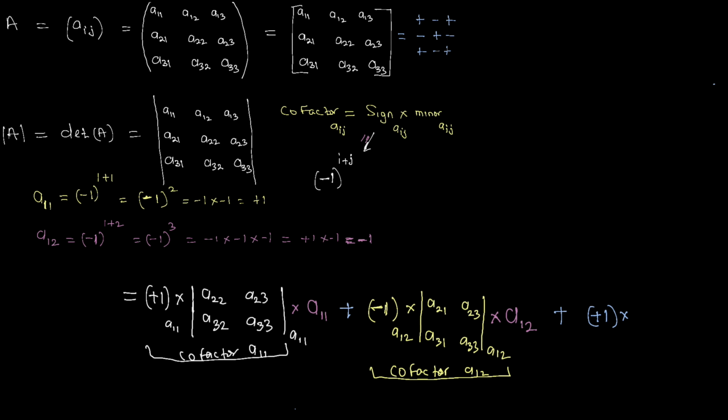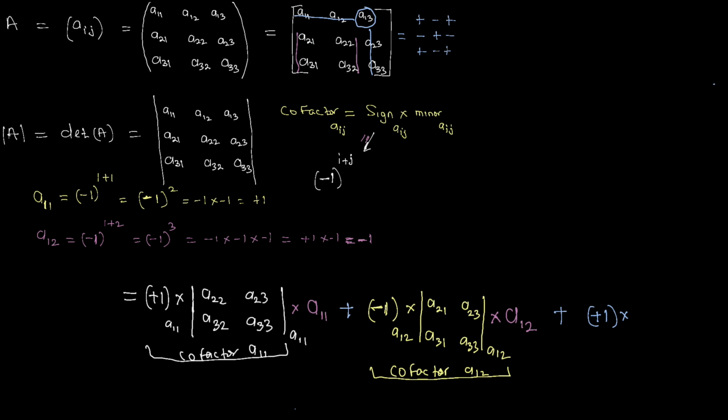And the minor matrix for that, let's just draw a circle there. The minor matrix will be these ones here, because any element that is not in that line will be the minor matrix. It's a 2 by 2 here, because we're coming from a 3 by 3.